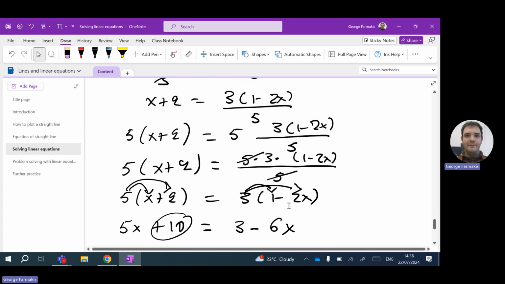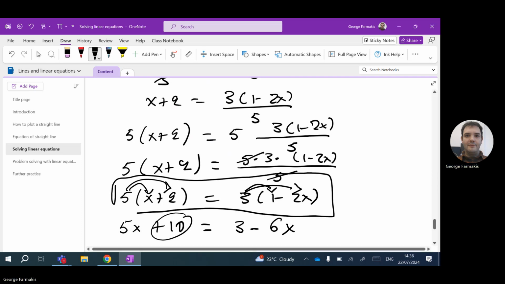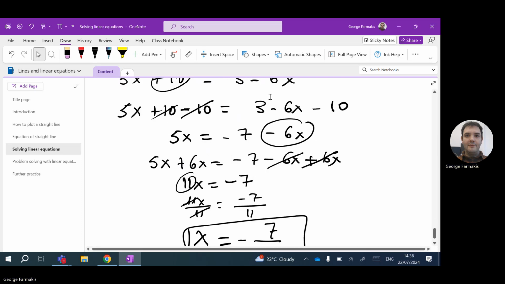So you end up with an equation here. So this is a linear equation given in brackets. We have brackets, so we expand the brackets and then we rearrange to solve for the unknown.